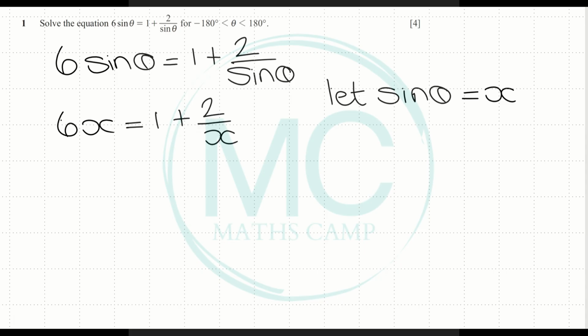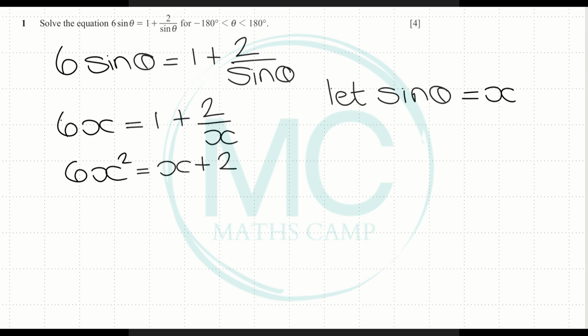Now, to solve for x, we don't want an x term in the denominator of the fraction, so we need to multiply it out. And we're going to get 6x squared is equal to x plus 2.